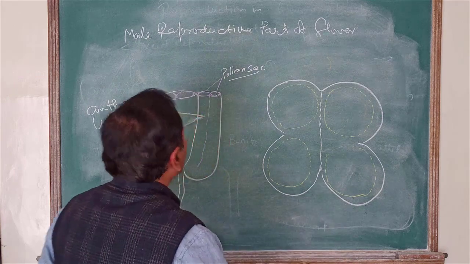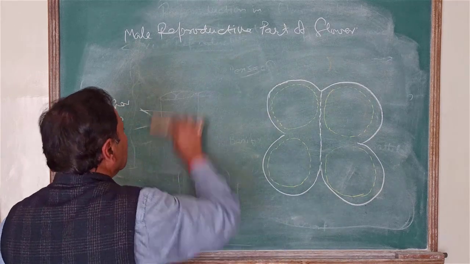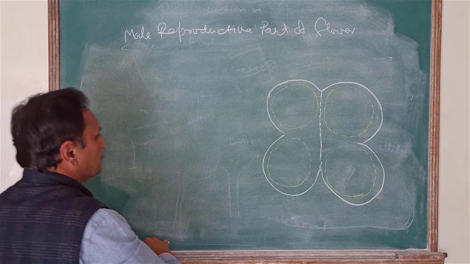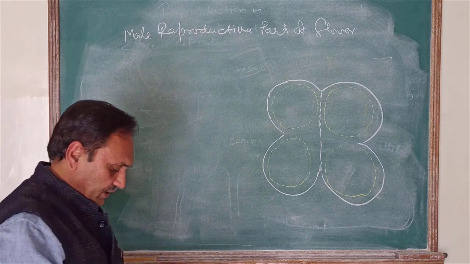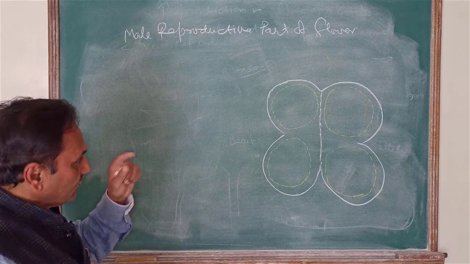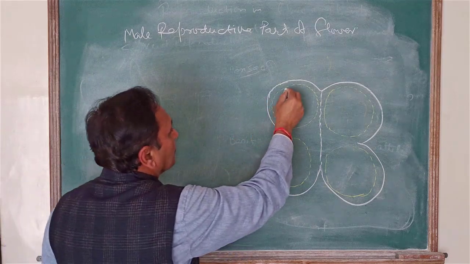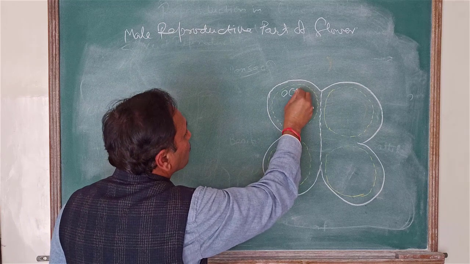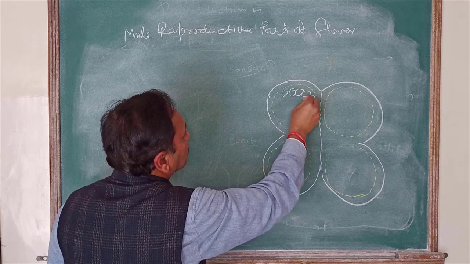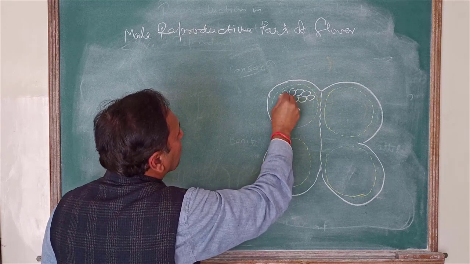Because in the earlier stage, when the anther is in the juvenile phase, it is called microsporangium, and this microsporangium has microspore mother cells, which are very compactly arranged.